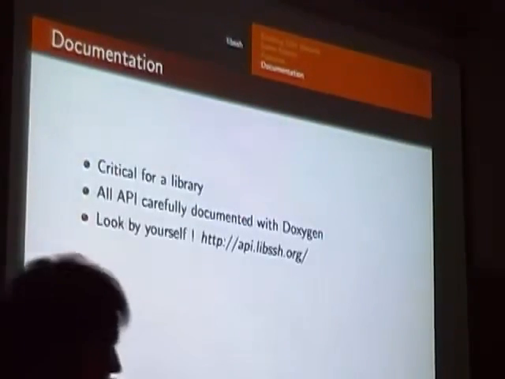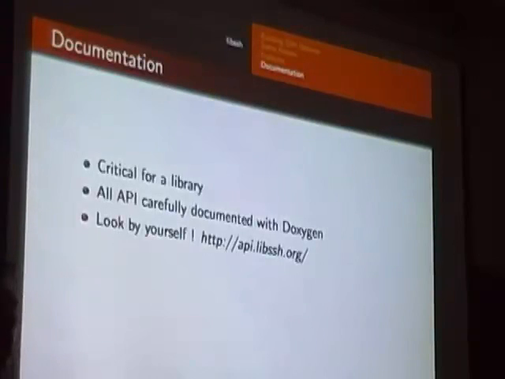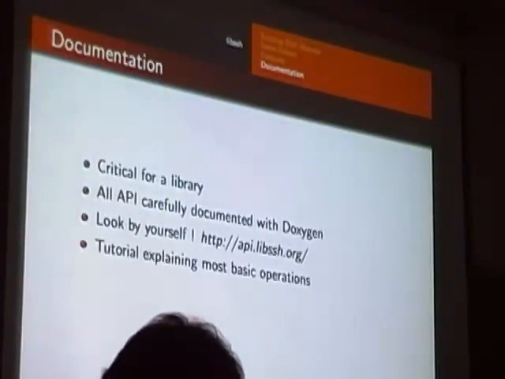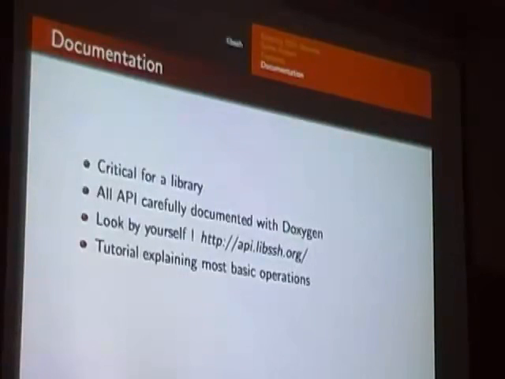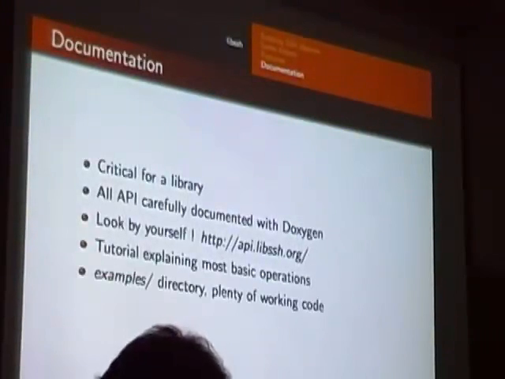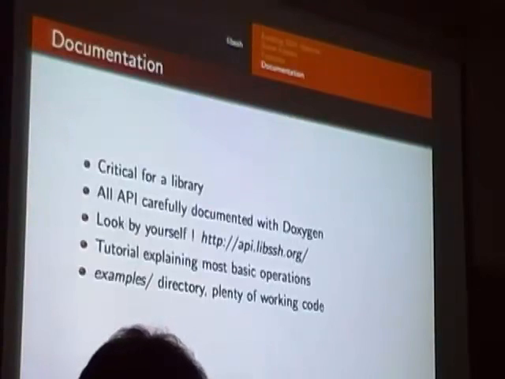If you want to have a look, the API documentation and Doxygen documentation is available on that URL. There is also a tutorial that explains all the basic steps to get things done, but I will show you a few steps of code. There are also a lot of examples.